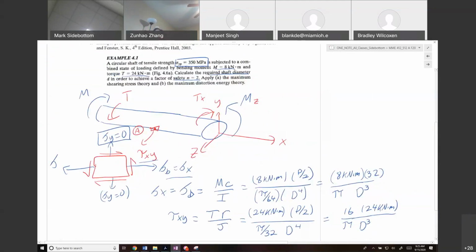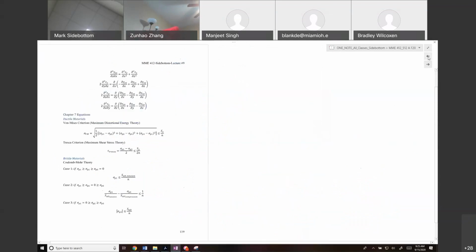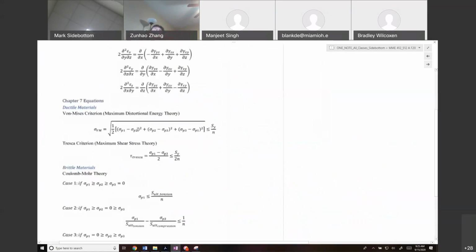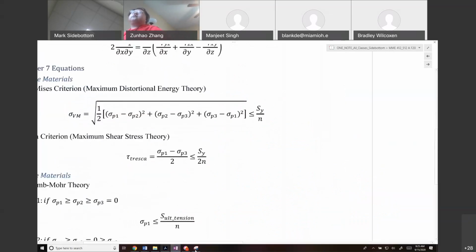What we're trying to get towards here is, I'm going to go back to our equation sheet, and we're going to look at these two cases here.